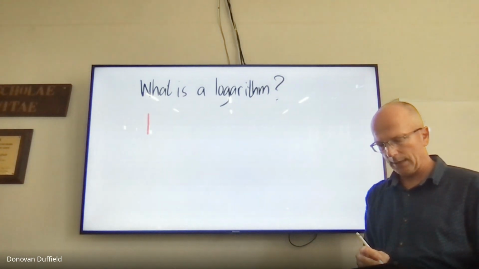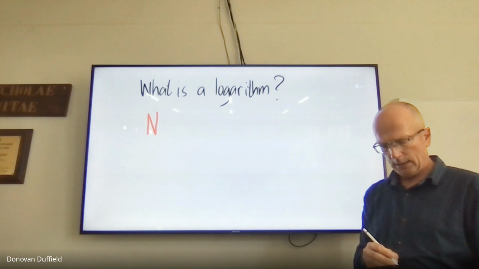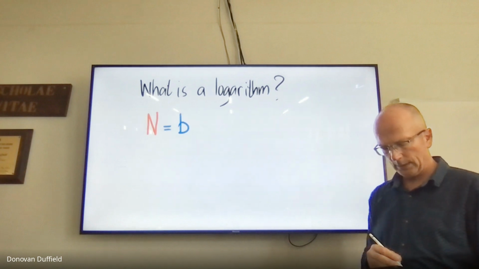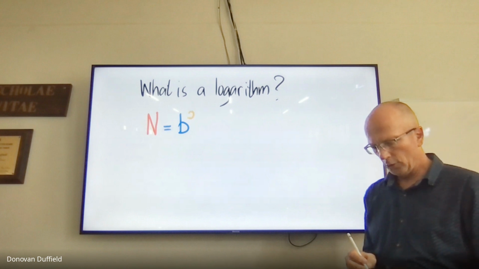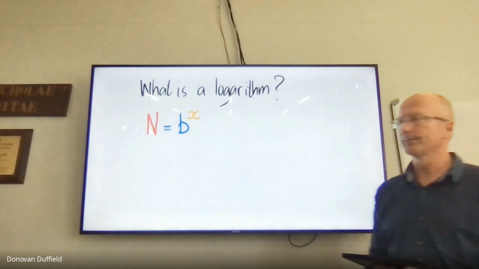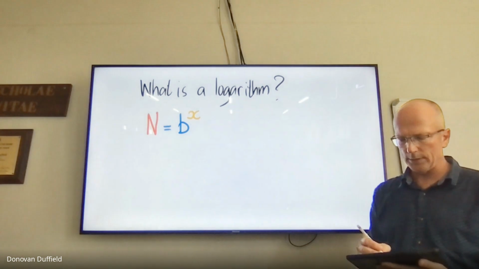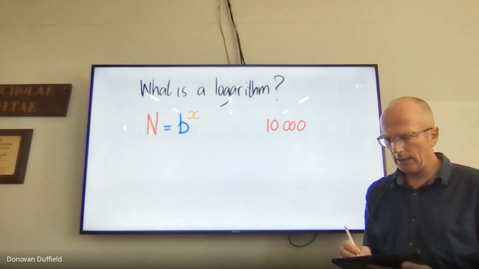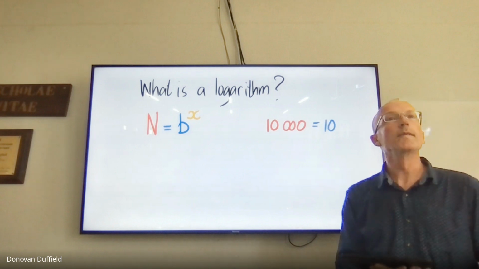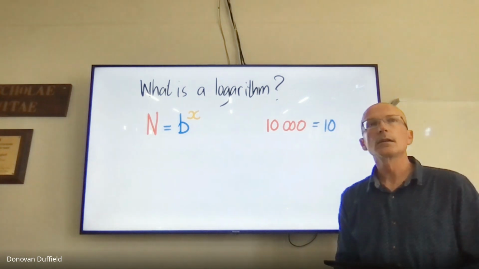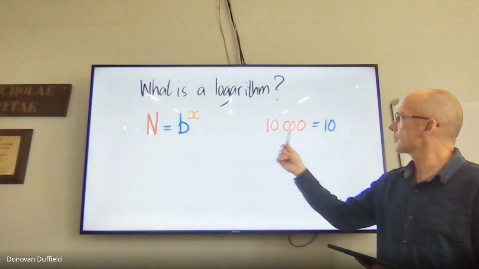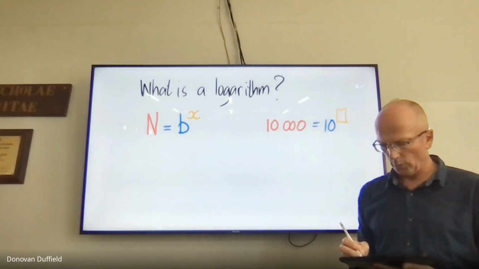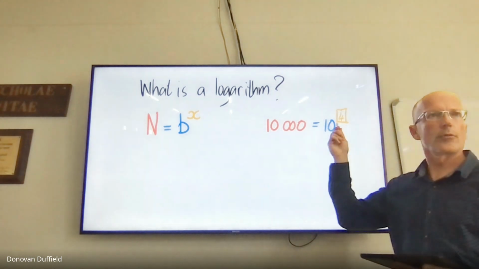If I've got a number and it is equal to a power of a base b to an exponent x. So this could be, for instance, 10,000 equals 10 to the power 4. That's your logarithm.